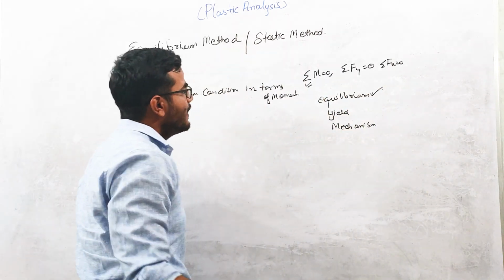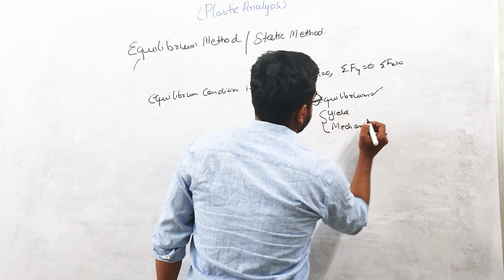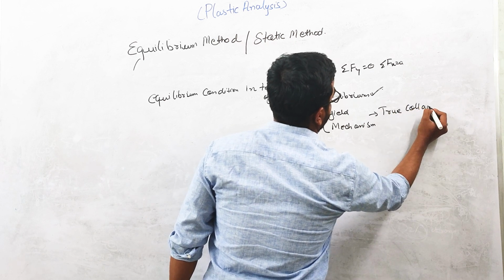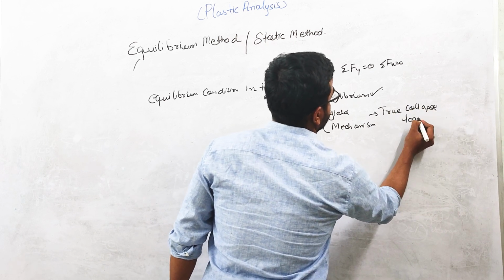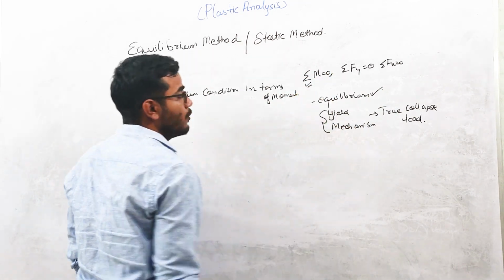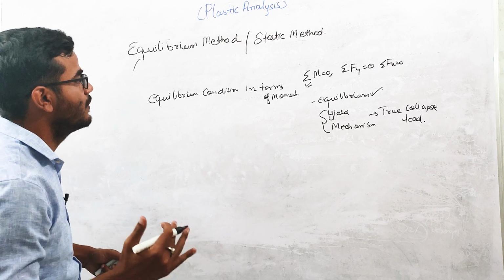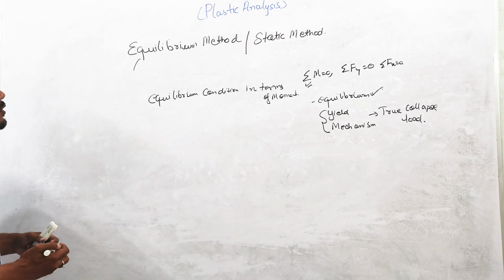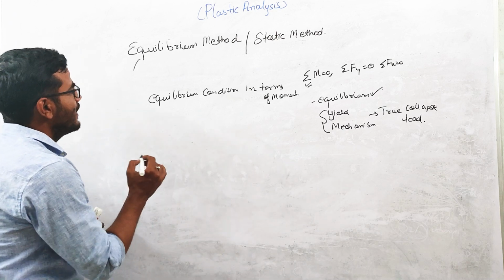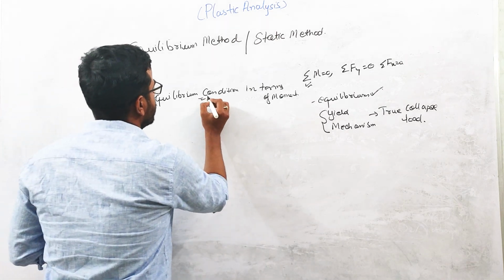Later we will check the yield and mechanism conditions to get the true collapse load. For the true collapse load, these three conditions should be satisfied just at the start of failure. It is called the equilibrium or static method because here we write the equilibrium conditions in terms of moment.